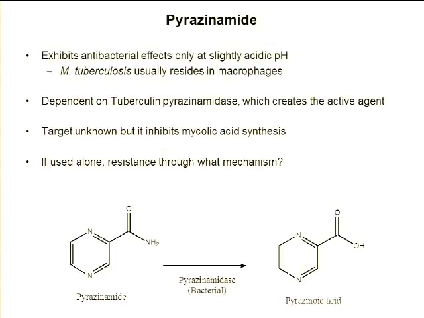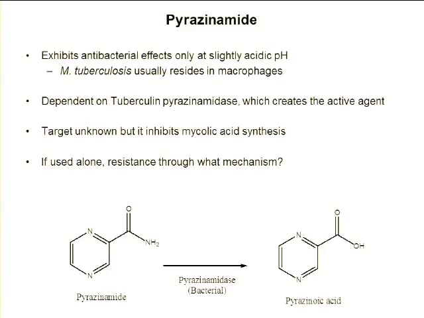So the bacteria, again, express an enzyme. Now, this enzyme is called pyrazinamidase. You get it, right? This enzyme takes the drug pyrazinamide and converts it to this active acid metabolite, but that is not the purpose of the enzyme.